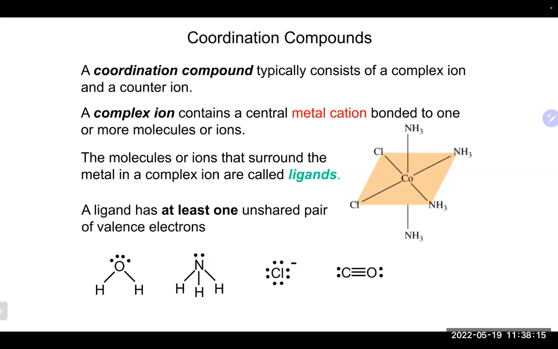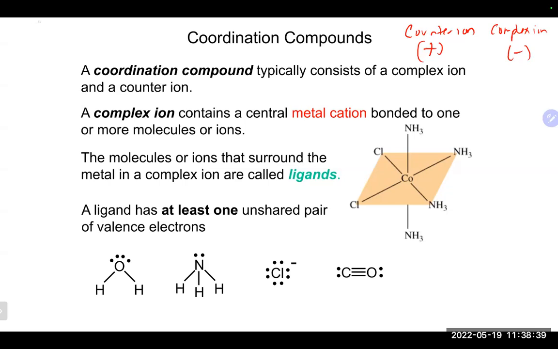In this particular case, there are a couple of combinations that could happen to form a coordination compound. You can have a counter ion that is positively charged that would go with a complex ion that is negatively charged. Here the counter ion would balance out the negative charge of your complex ion.